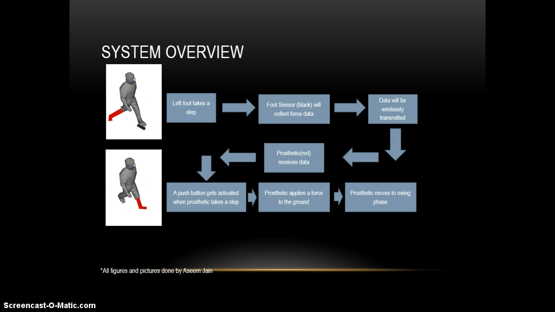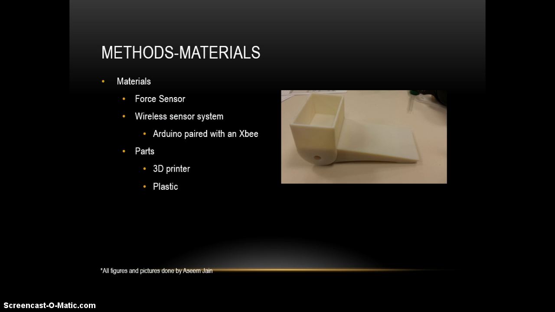So the force sensor would send data to the leg prosthetic. The prosthetic would then translate this data into a force output, and when it makes contact with the ground, it would apply the same torque or force as the left leg did, and then continue walking. That's a basic overview of how this proposed system works.